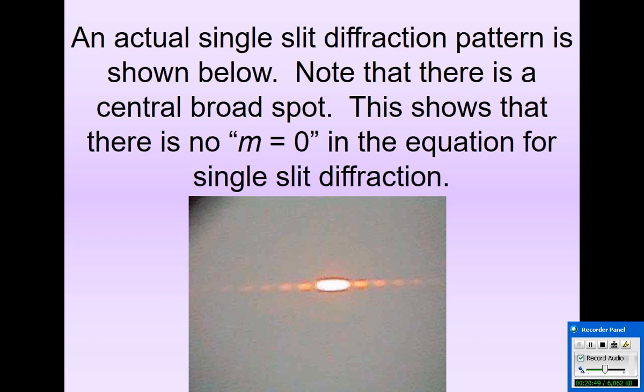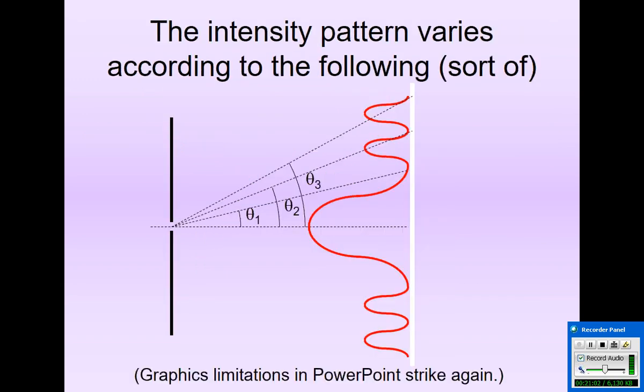So theta is still measured with respect to the very center of the pattern, the very center of that bright spot. But we are measuring theta out from the center of that very bright spot to a dark spot. Like we see in this very rough drawing here, we see that central bright spot. It has a relatively large intensity and it's relatively broad compared to the others.